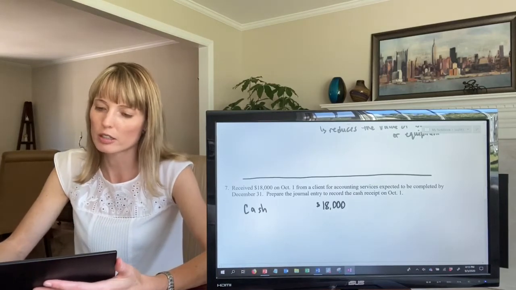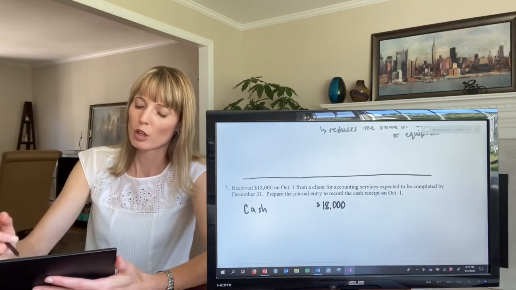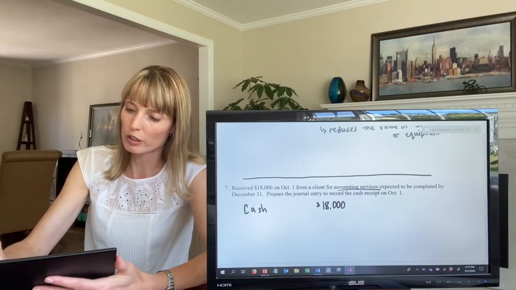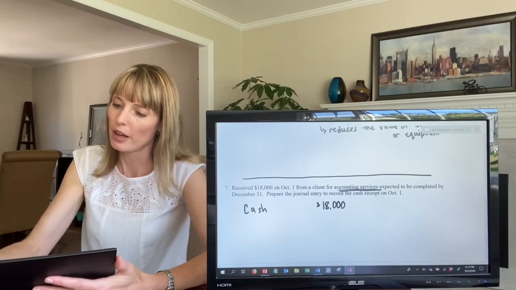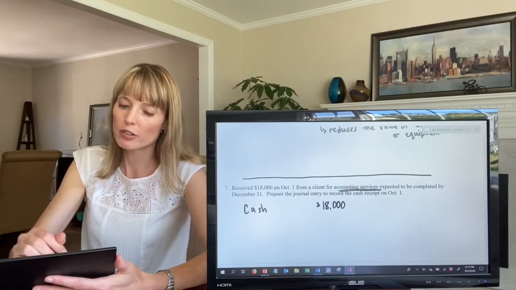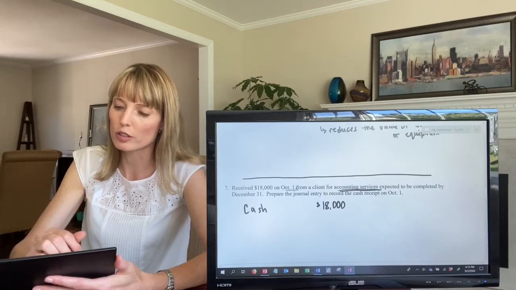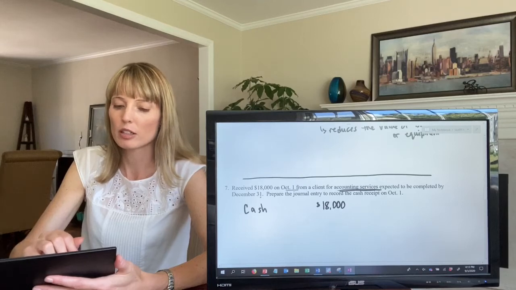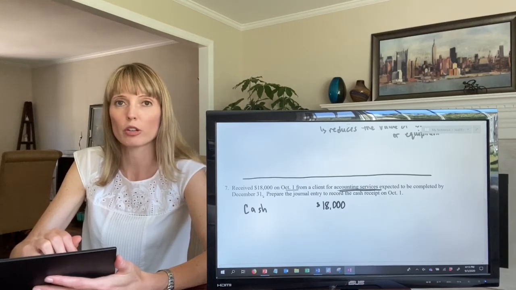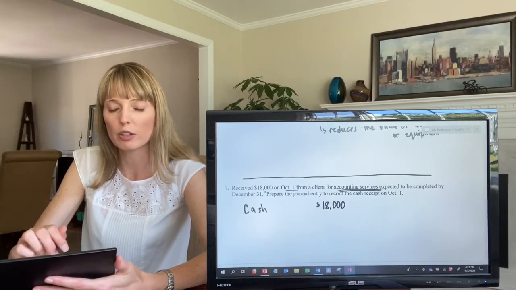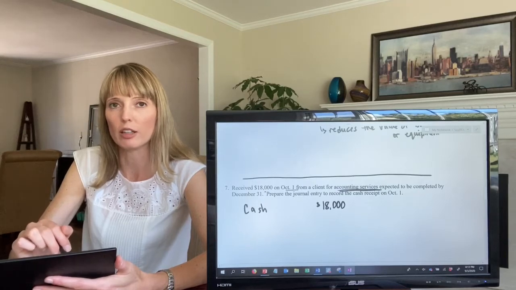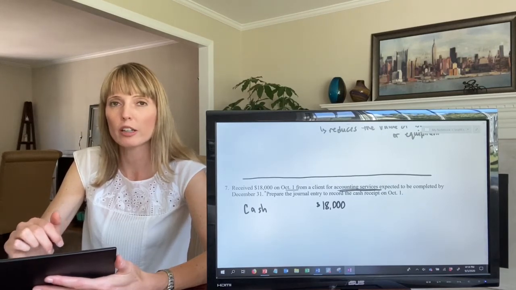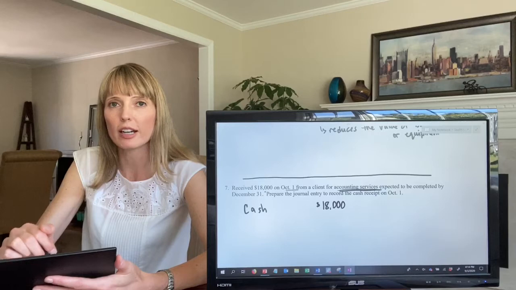And what's the credit side of this entry? We received it for accounting services, but we received the cash on October 1st. The services are going to be started presumably that day and continued through December 31st. So at the moment we're receiving cash, we haven't actually provided any services. So we're not going to credit revenues, not yet.